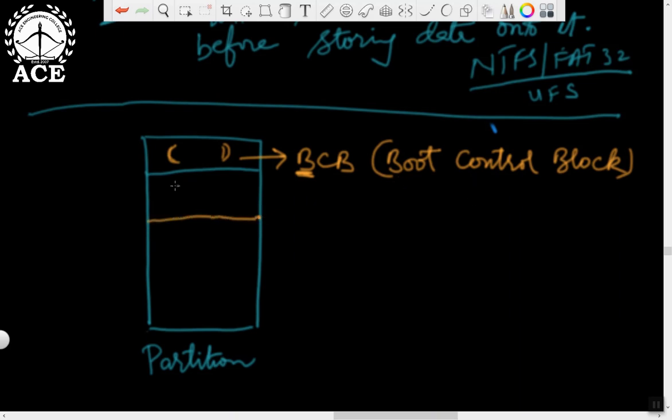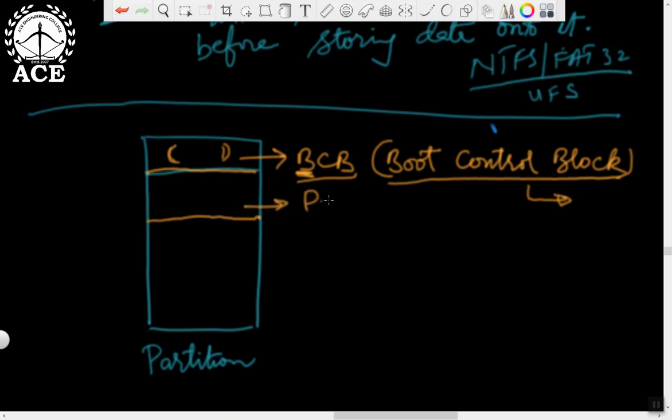Now if it is an extended partition and it is non-bootable, then this boot control block will simply be empty. So what I am saying, boot control block is only meant for storing operating system initial program. It cannot be used for any other thing that you can store it here. Okay, it is meant only for storing booting program.